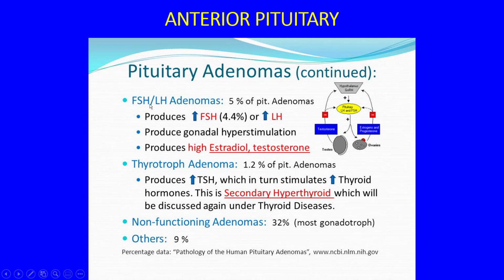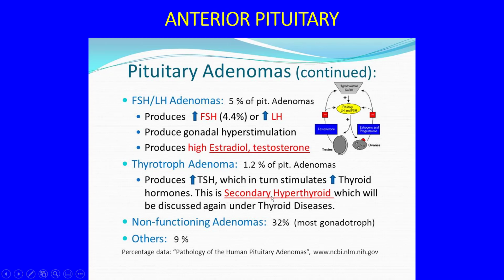To a lesser extent, FSH, LH adenomas, only about 5% of those pituitary adenomas, causing increases in FSH or LH. They can produce gonadal hyperstimulation, which produces high estradiol and testosterone. One of the last ones that's common is thyrotroph adenoma, which causes the increase in TSH, which of course would stimulate thyroid hormone release.